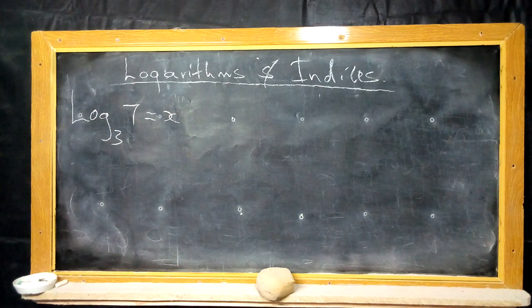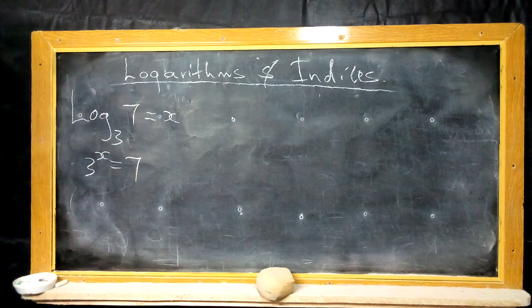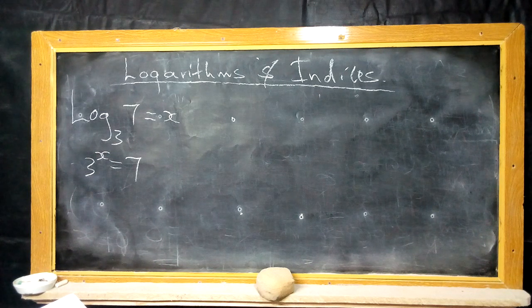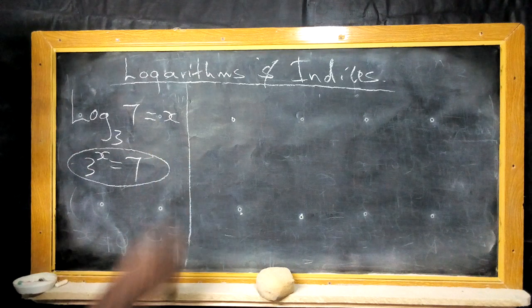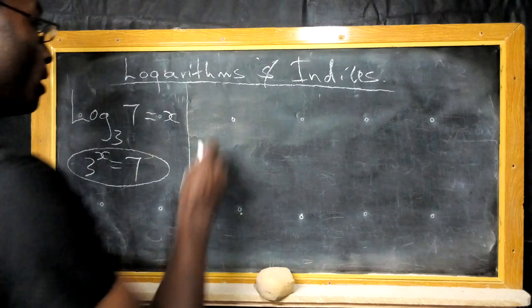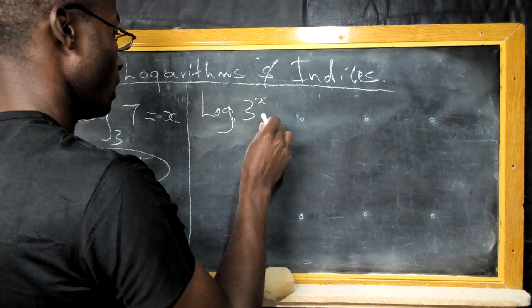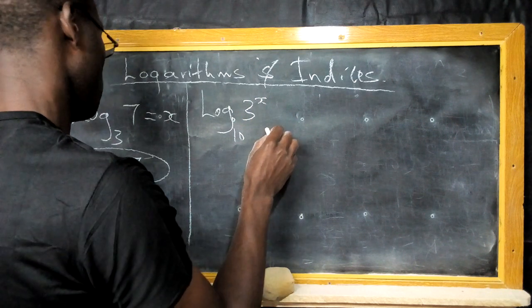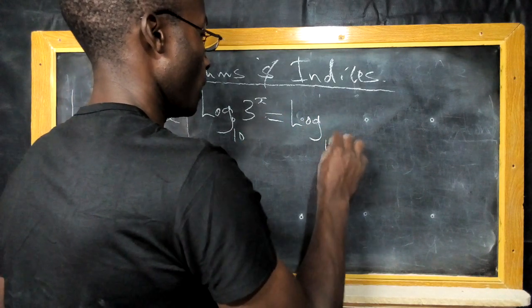In that case, we are going to have 3 raised to power x is equal to 7. This is an exponential expression. So we can find the log of both sides, log to base 10. We say log to base 10 of 3 raised to x is equal to log to base 10 of 7.